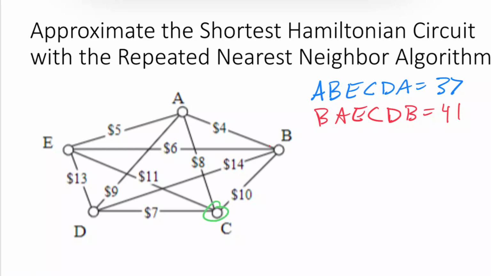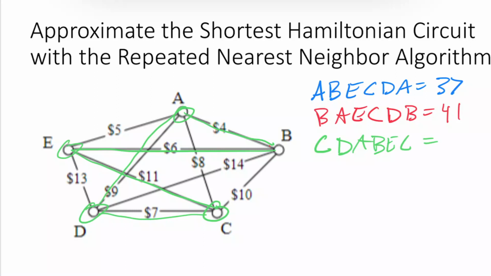So we'll start at C, and it looks like the cheapest neighbor is to go to D. And then from D, we would go up to A, and then go to B, and then we have to go to E and end up at C. So the cost of that would be 7 plus 9, which is 16, plus 4, which is 20, plus 6, which is 26, plus 11, which would be 37. So it looks like that one costs the same as the blue one.